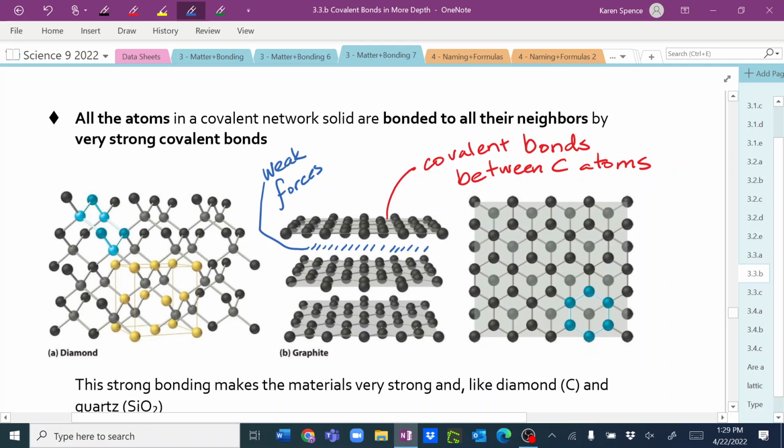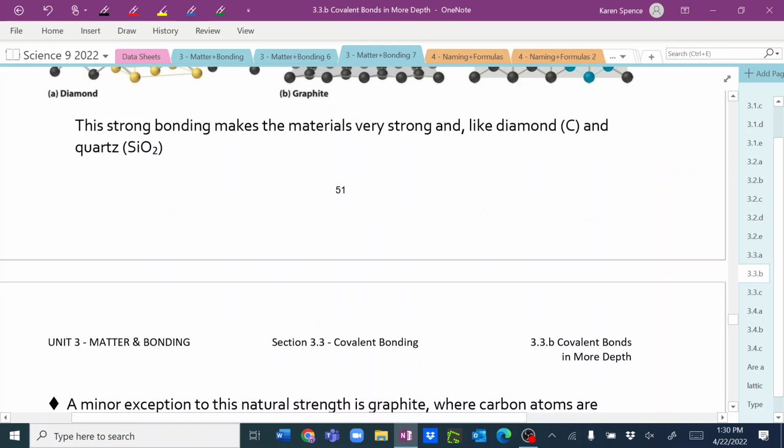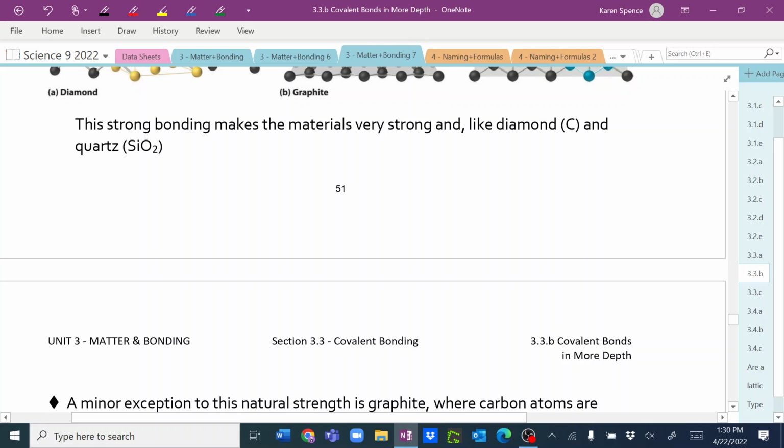Okay. There we go. So there's your graphite, there's your pencil. Very nice. If you're interested in what those weak forces are called, these are called intermolecular forces.